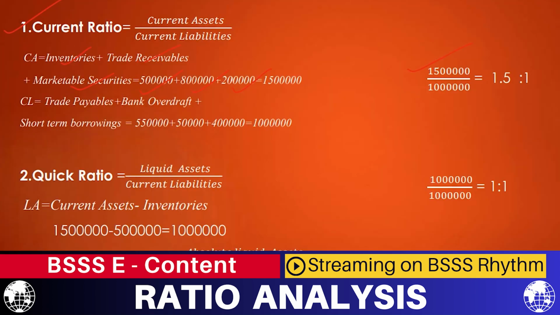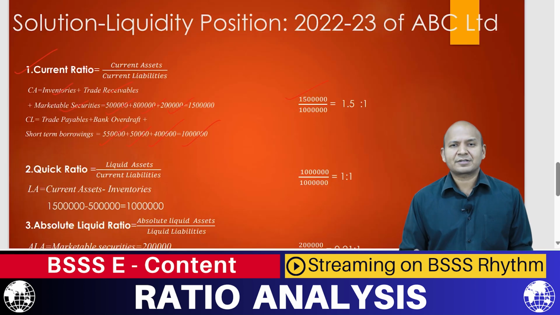For calculating current liabilities, we need to add trade payables, bank overdraft, and short term borrowings, that is 5,50,000 is the amount of trade payables, 50,000 is the amount of bank overdraft, and 4 lakh is the amount of short term borrowings, and the total amount is coming 10 lakhs.